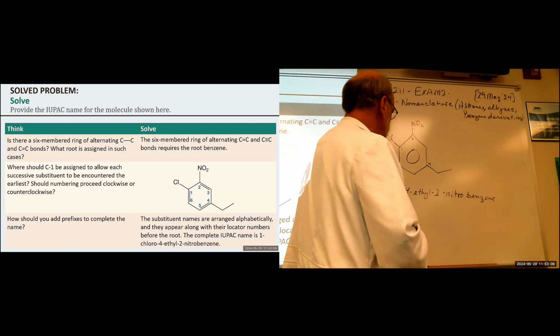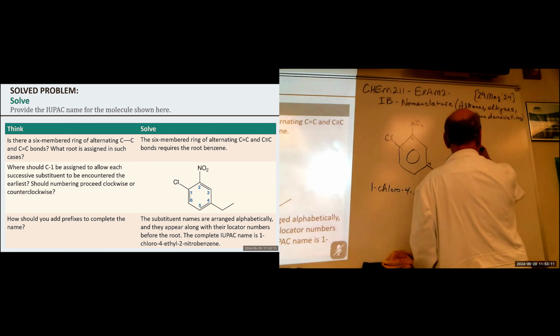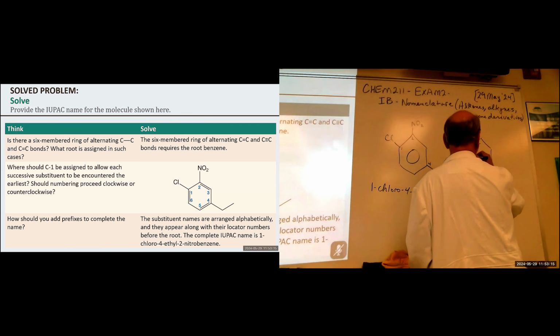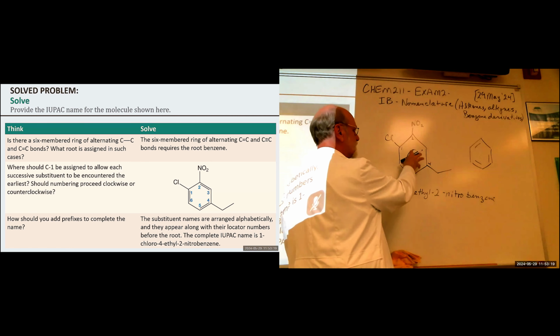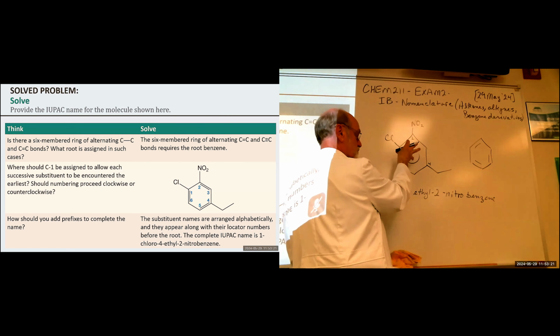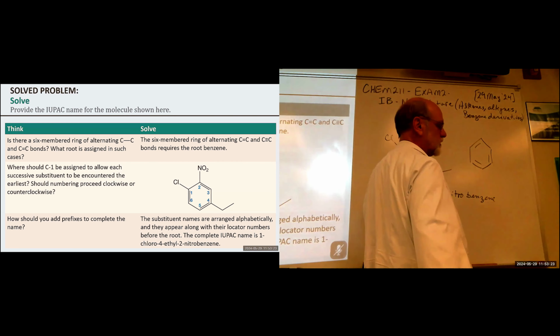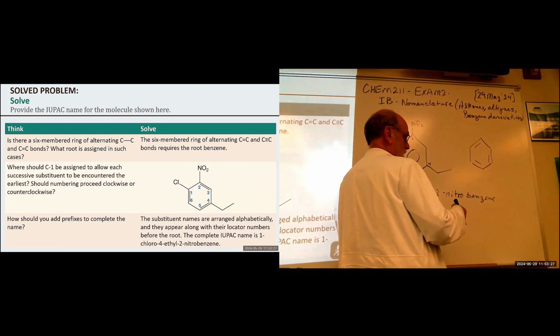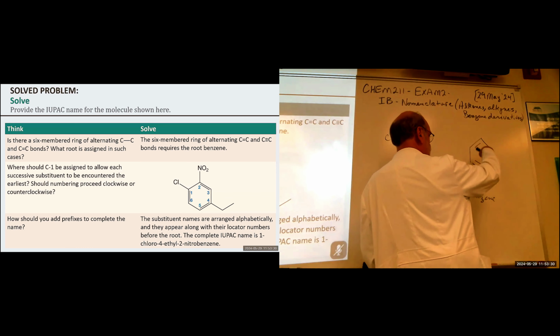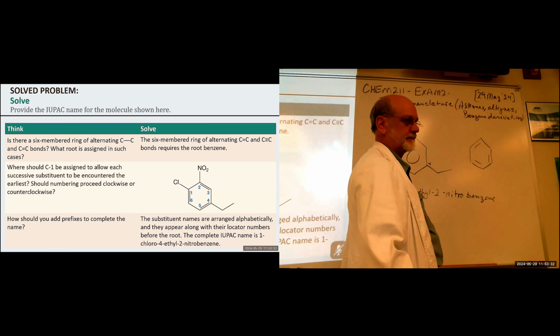It's usually written like this, with the double bonds in it. I rarely see it like that, which is proper, but they usually just put the double bonds in there, and we just know that that's an aromatic ring.